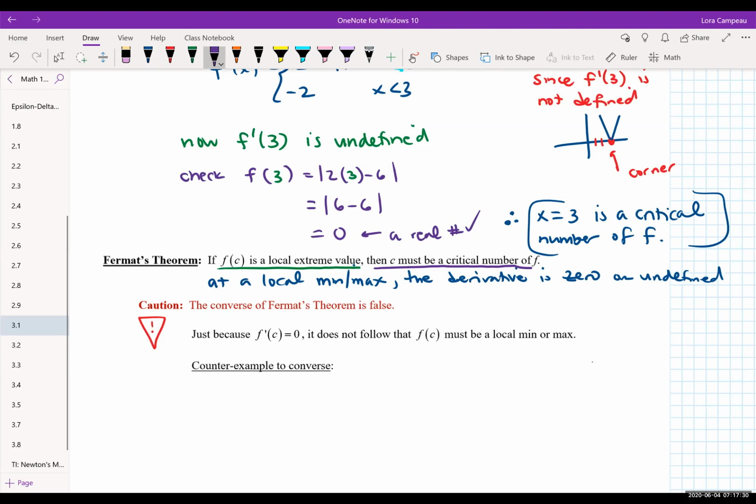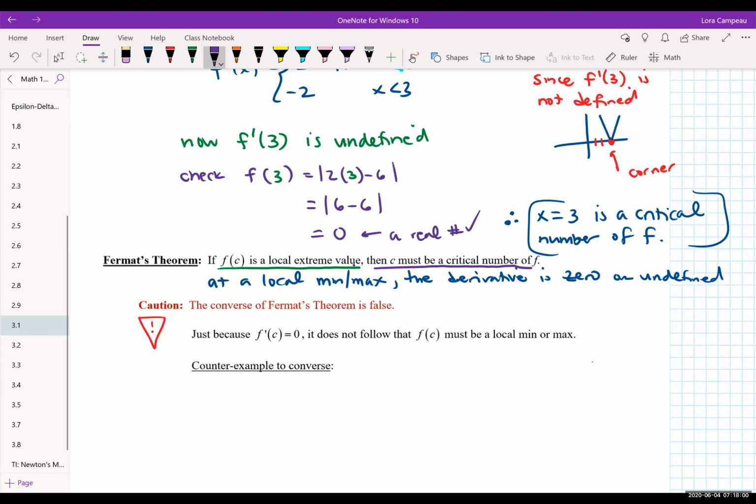So if you figured out the derivative was 0, or you had a critical number, it's not always the case that the function evaluated at that critical number is a local min or local max. The reason behind this is the case that everyone usually tends to forget. Remember, for a critical number, your derivative is either 0 or undefined.